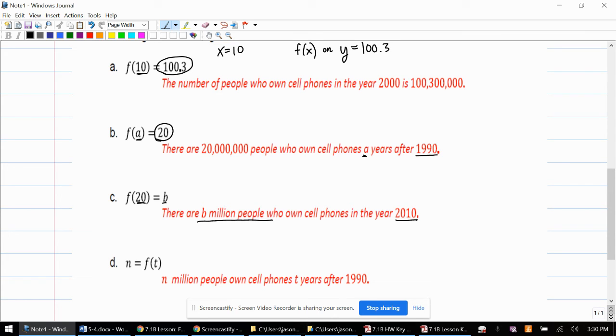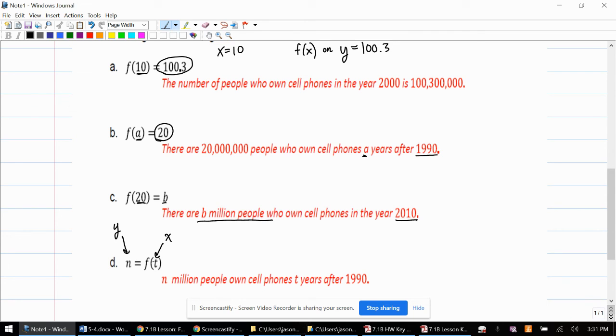And D is, so this is my X, and this is my output or my Y or my f of X. And so T years after 1990, N million people will own cell phones.